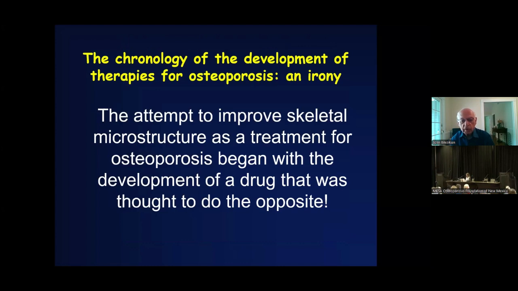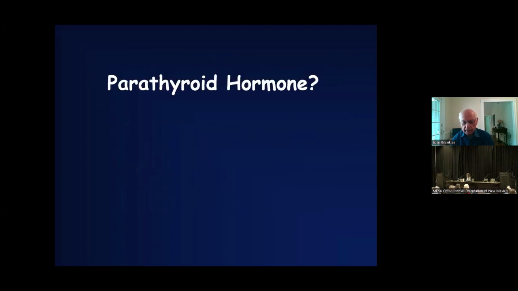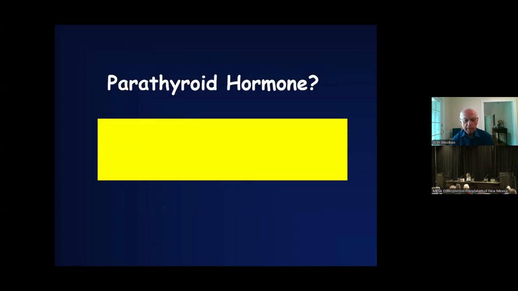So let us go back to the beginning and talk about that ironic observation that began the whole field of anabolic therapy. And that irony was the appreciation that a drug that we all knew as a hormone to be catabolic and bad for bones is parathyroid hormone.